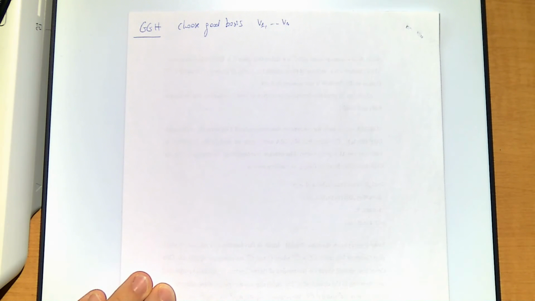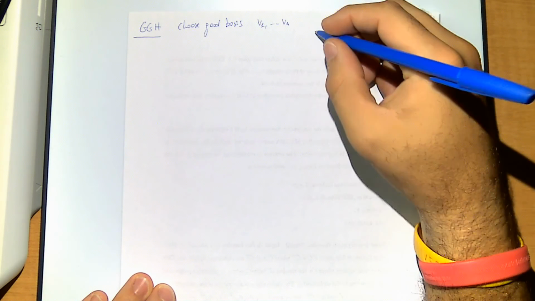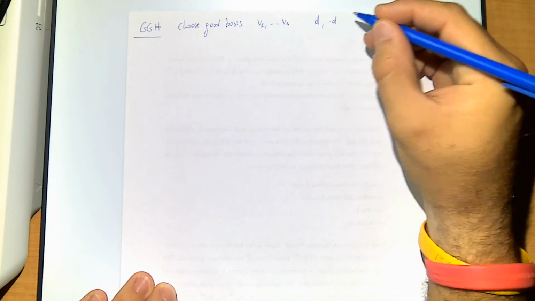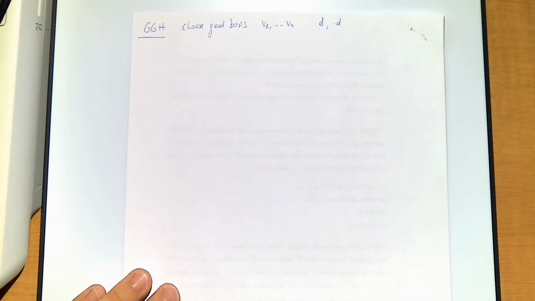One way to do this, for example, is to fix a parameter d, and then choose the coordinates of these vectors at random between minus d and d, so in a small interval. Then once you compute your basis, you can check your Hadamard ratio and see how good it is.